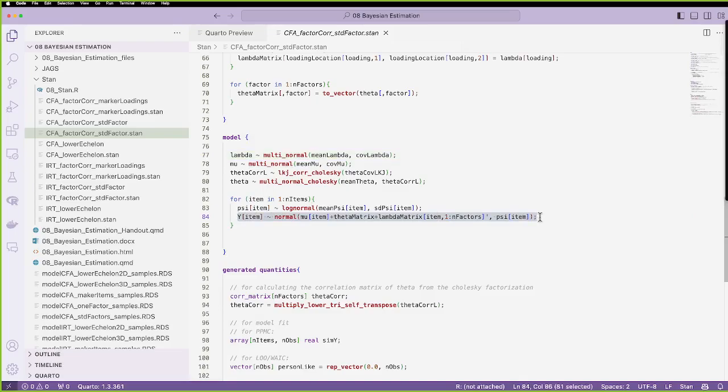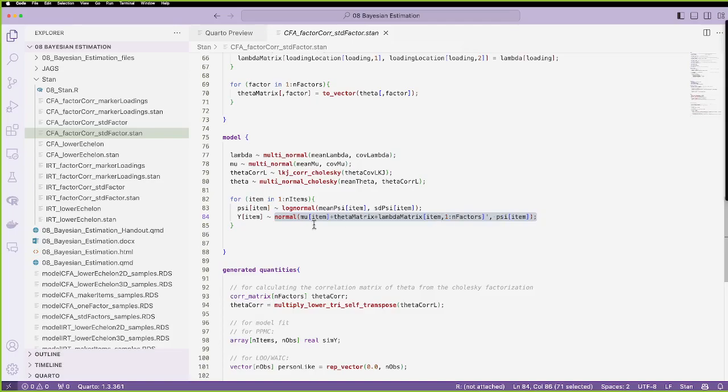Okay? So here, y is my data. I'm looping across items. When I do this type of loop, it's assumed it's going across every person in the data set. So I just have to put item in the brackets afterwards. And this tilde says my observation y should follow some type of normal distribution, or it follows the distribution that's described to the right of the tilde itself.